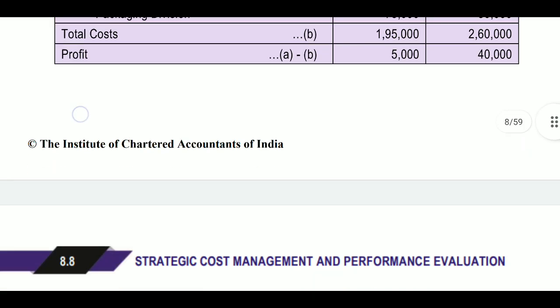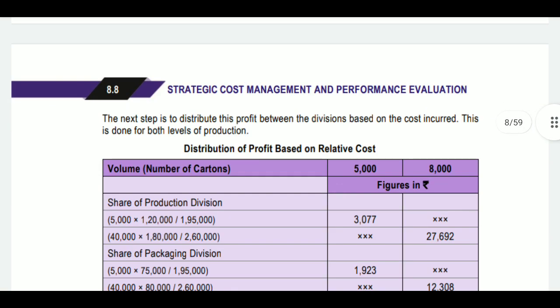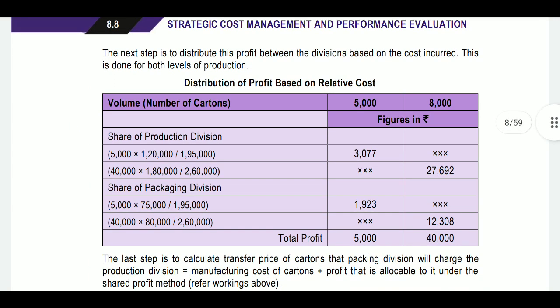Next step is to distribute this profit between the divisions based on cost. Since we are calculating the cost method, we will distribute based on cost incurred, that is, distribution of profit based on relative cost.